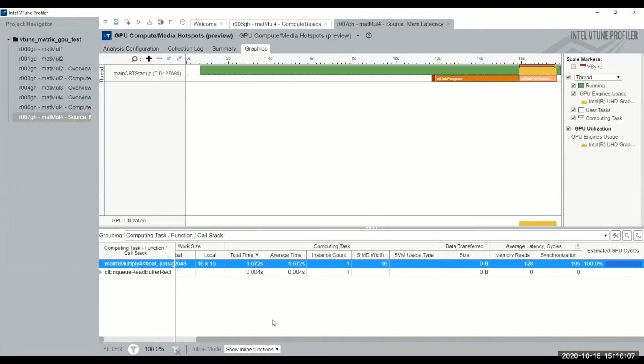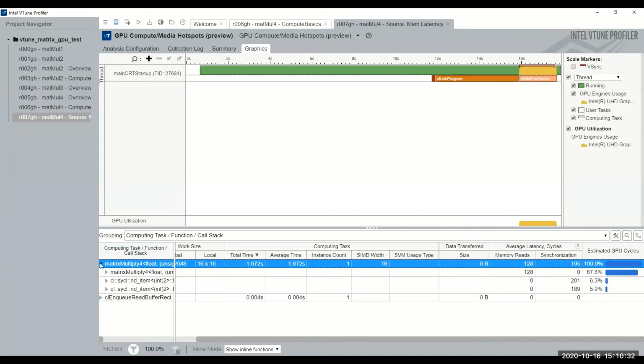It's intended to give a bigger picture for many kernels being executed in a real-life application, and it gives this distribution of cycles, and provides the latency for different operations like memory access and synchronization.